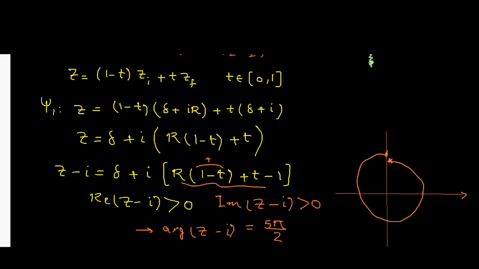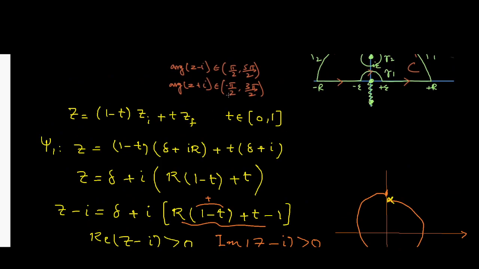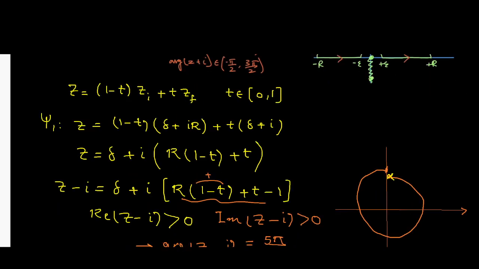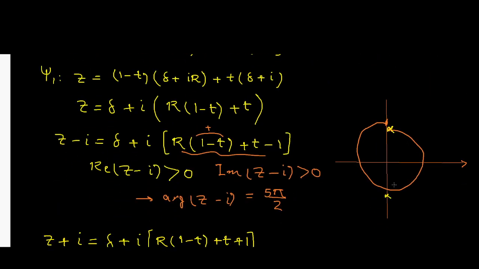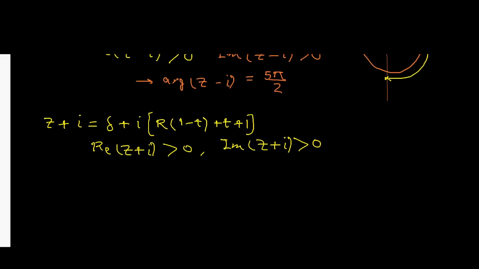We are at pretty much the same point as we ended up in the case of z minus I, but now the interval is from negative pi by 2 to 3 pi by 2. So as we start on the negative imaginary axis and we go counterclockwise, after half a rotation, we reach that point. So the argument is just pi by 2. So the argument of z plus I for path psi1 is pi by 2.